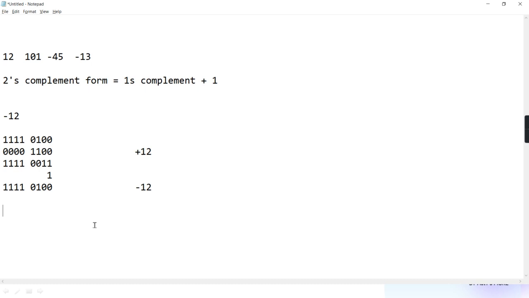Very good. Second, how are negative whole numbers stored? In 2's complement form. Point 3: how is 2's complement form found? Either you do 1's complement plus 1, or from LSB, until you get the first 1, keep it as it is, and then complement.